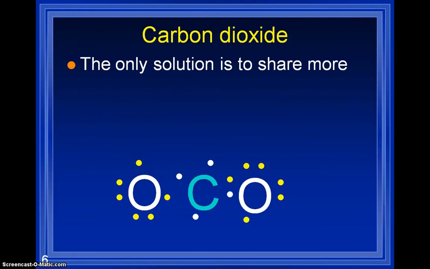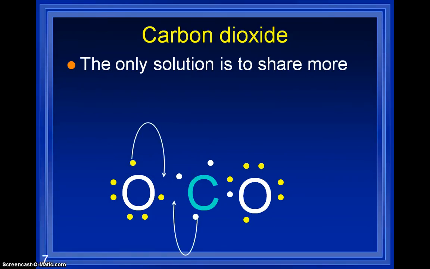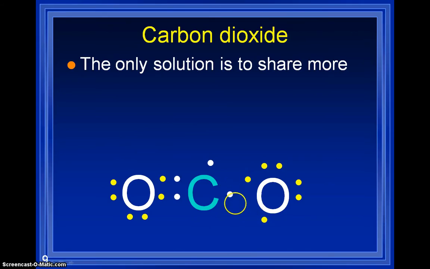So the only way they're going to be able to do this is to share more electrons. This oxygen will move over here, and this carbon will move here, and then this oxygen electron will move in, and the carbon electron will move in. Essentially what we end up with is two double bonds, one on either side.